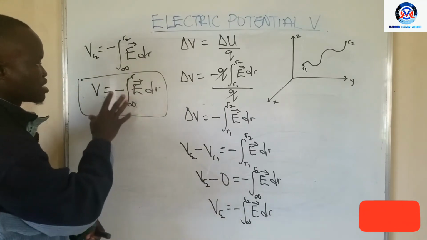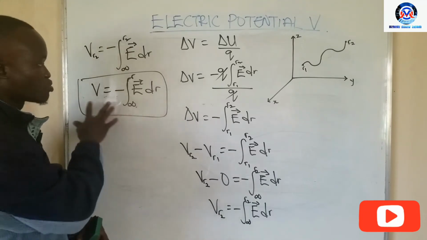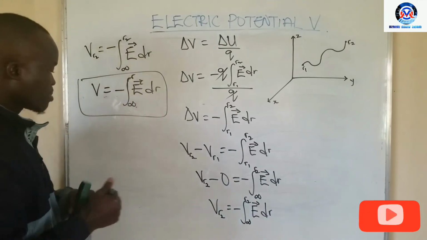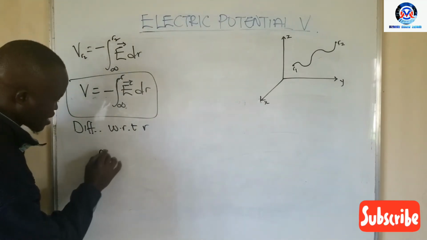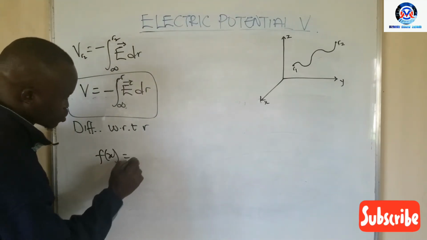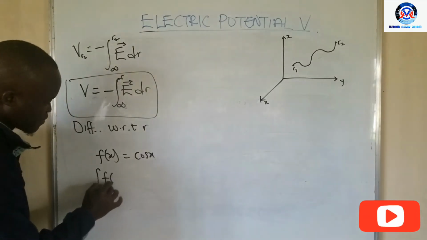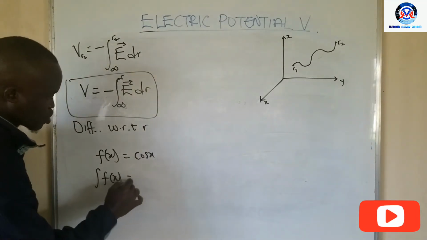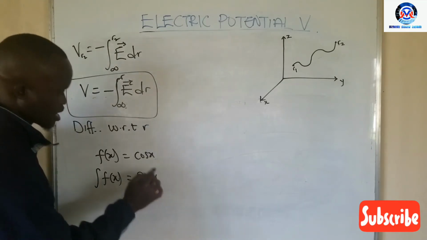The way we can find the electric field vector is to differentiate both sides. Remember that in mathematics, when we have f of x equal to cos x, if I integrate f of x, I'm going to have sine x.